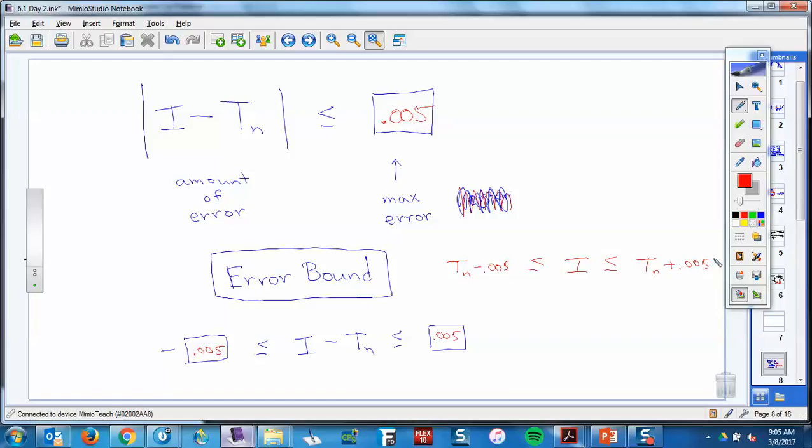Because the most the trapezoid is off is 0.05. So if it's over by 0.05, I take off 0.05, or if I add on. So that's all that notation is. That's just some algebra notation with error bounds and so forth. So that's just something you want to know about.